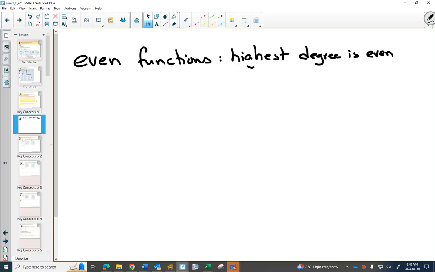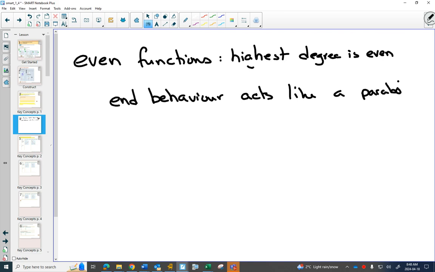And there's a pattern with even functions that the end behavior, where the graph ends, and this doesn't matter if it's an x squared, x to the 4, x to the 6, x to the 8, x to the 222 graph. The end behavior acts like a parabola.